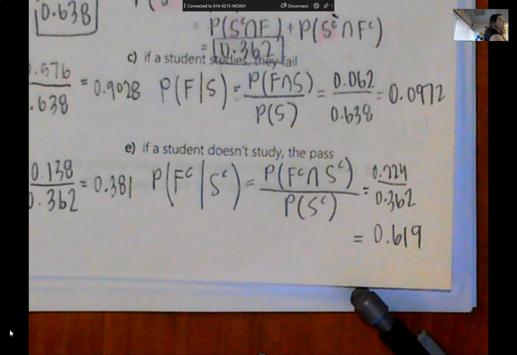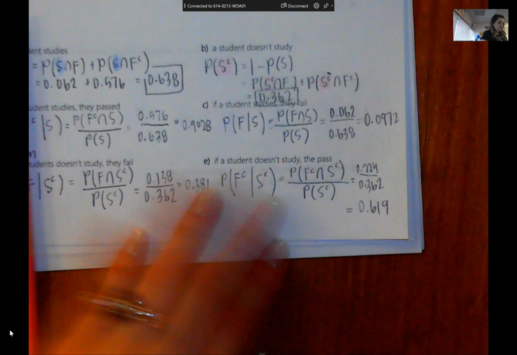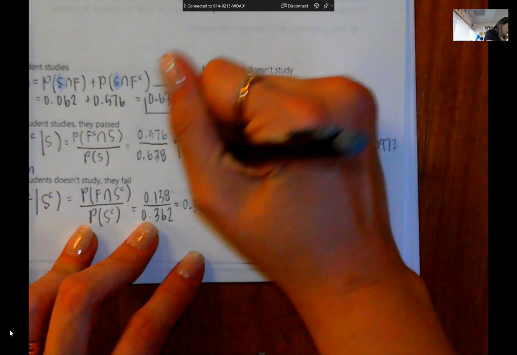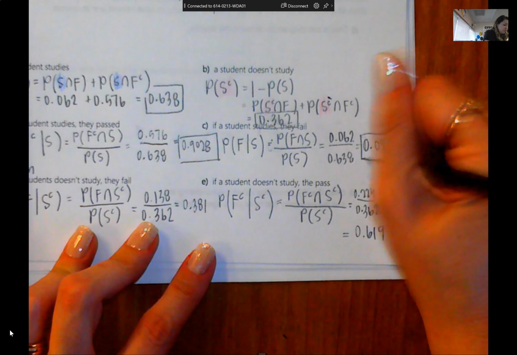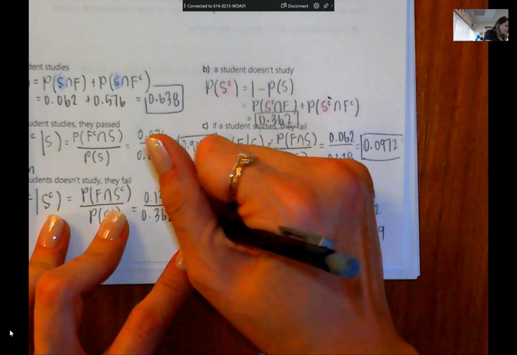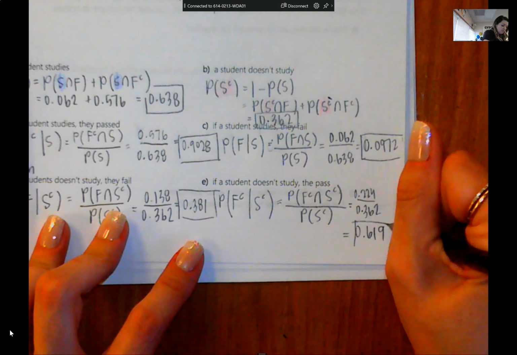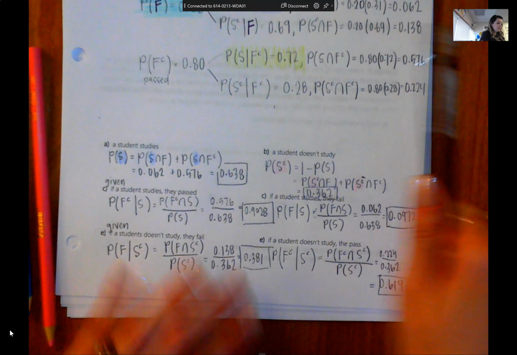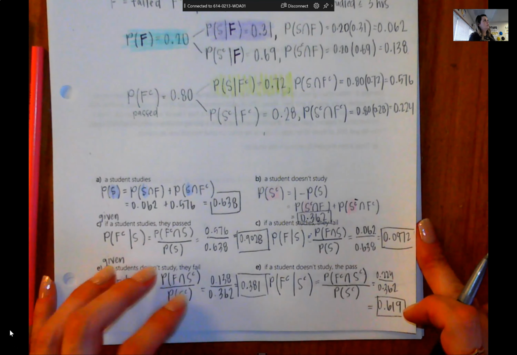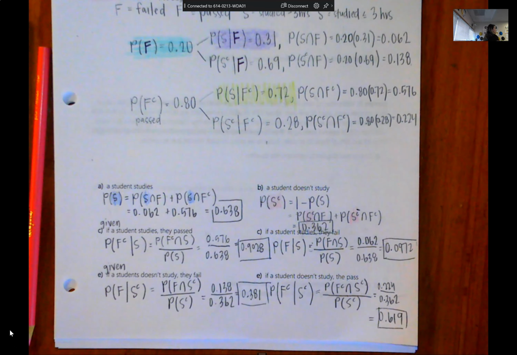So we zoom out. In the beginning of this problem, they gave us 3 probabilities. And with those 3 probabilities, we were able to find 12 other situations.